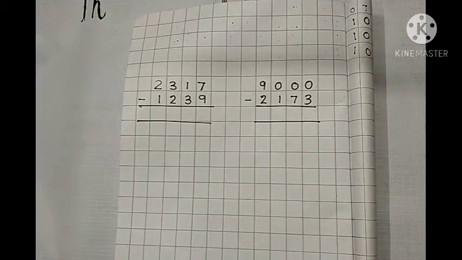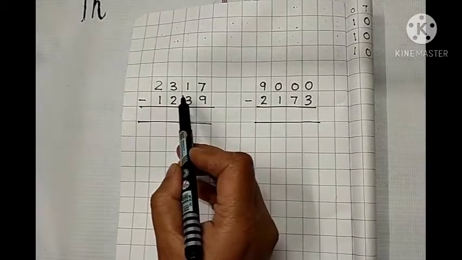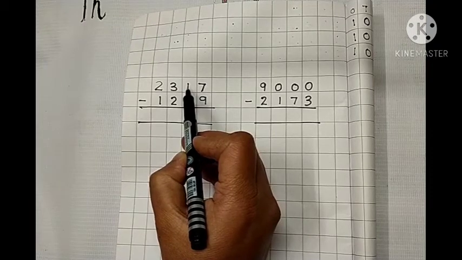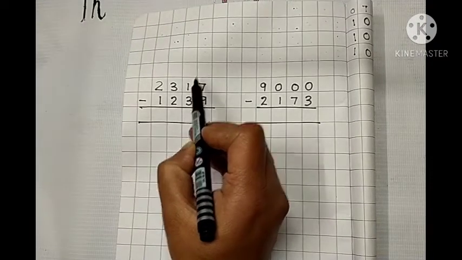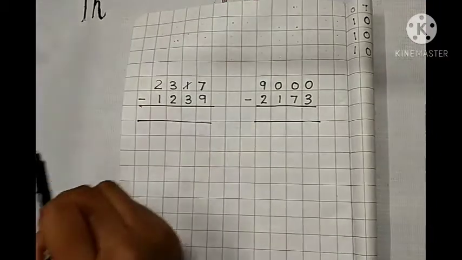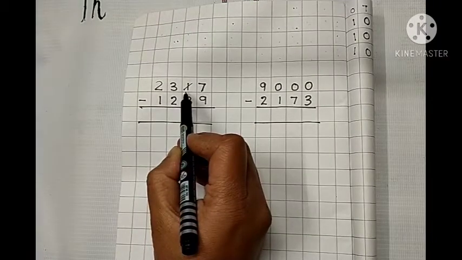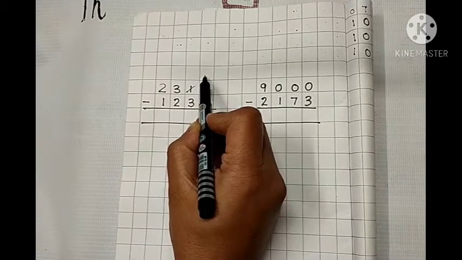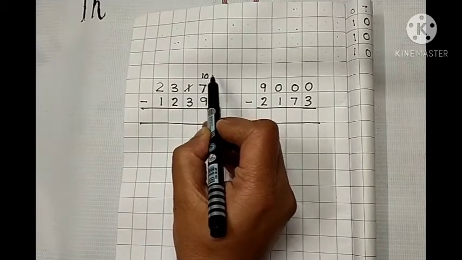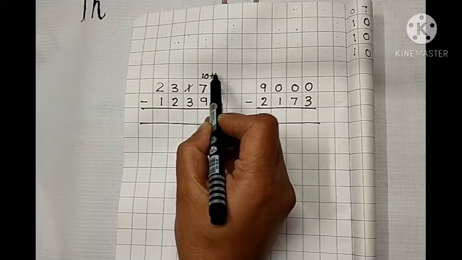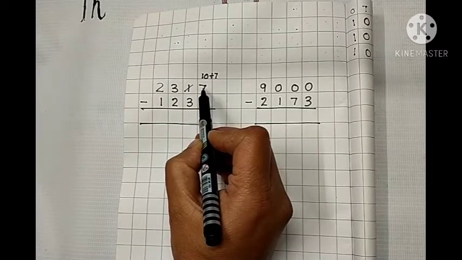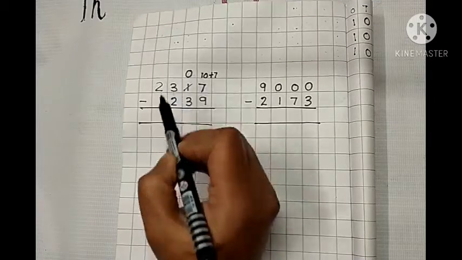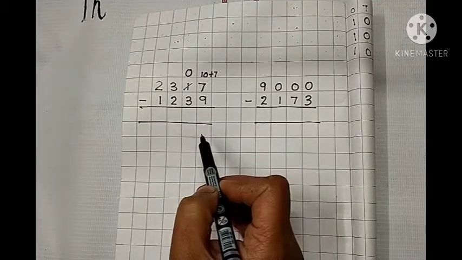So what will we do? We'll take borrow from tens. We'll cut it. So 1 ten will be 10 ones, and plus we had already 7 ones, and here we'll be left with 0 tens.